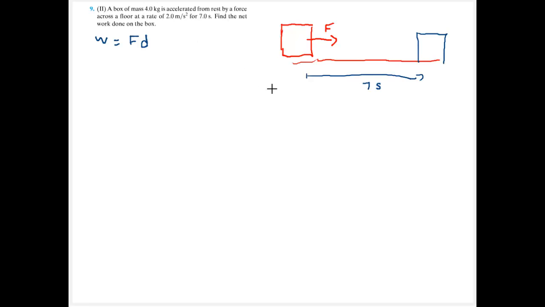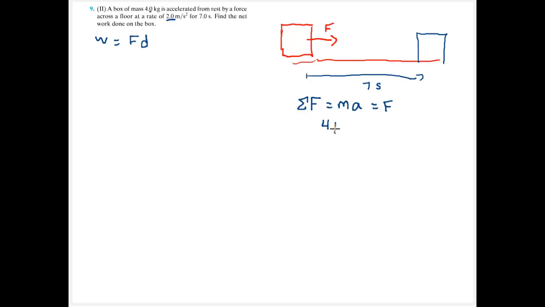Now, I can go ahead and calculate this force fairly quickly. This box was accelerated at a rate of 2 meters per second squared, and I know what the mass is. So if I write Newton's second law, sum of forces is equal to the mass of the box multiplied by the acceleration of the box. The only force acting on that box was my force F right there.